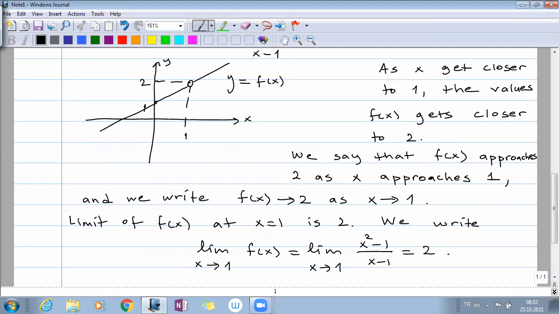We studied the graph, we see that the values of the function approach the number 2 as x approaches 1, and we say that the limit is 2. And similarly, by just considering the picture, the graph of the function, we can get some other simple limits. Any question on this example?